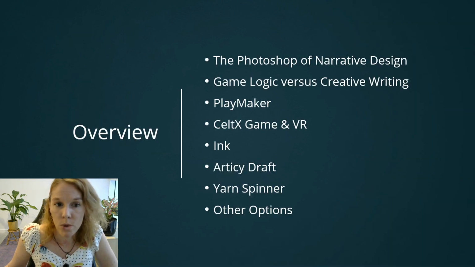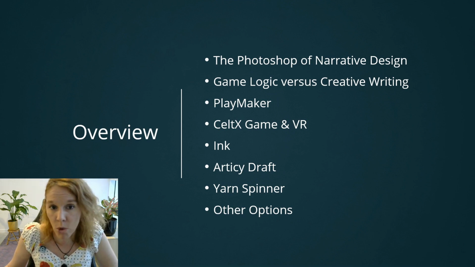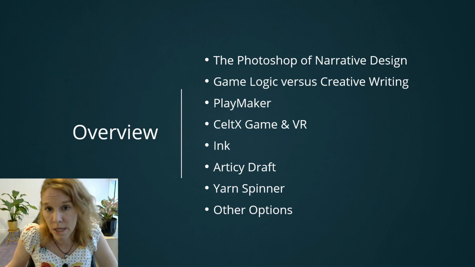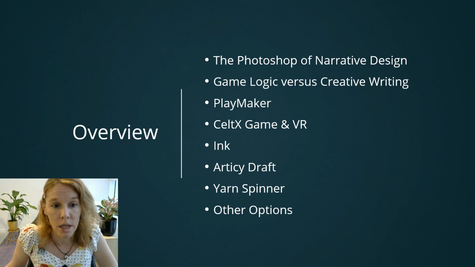This is the overview. First of all, I'm going to ask the question, what is the Photoshop of narrative design? Then we're going to go into the game logic versus creative writing question before starting on the actual tools, which is first of all PlayMaker, then Celtx Game VR, then Ink by Inky, then Articy Draft, and lastly we have Yarn Spinner.